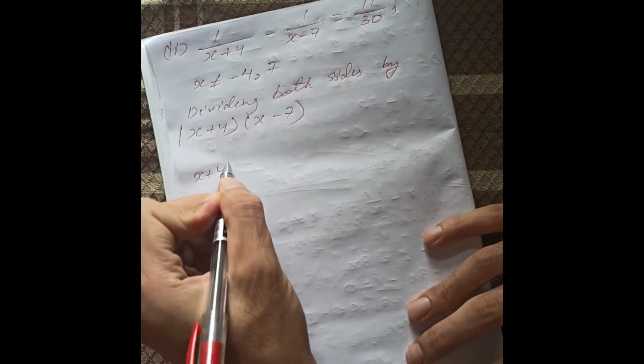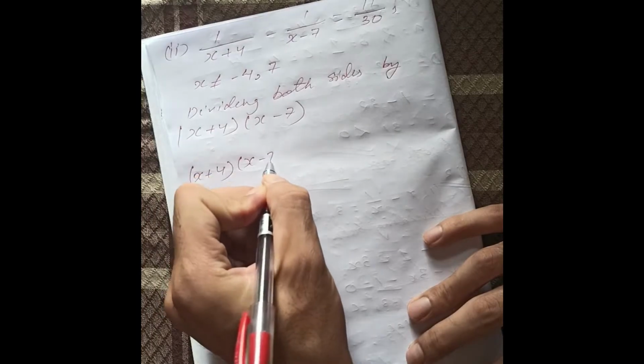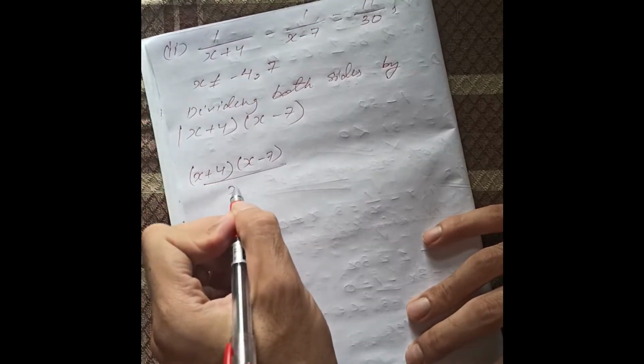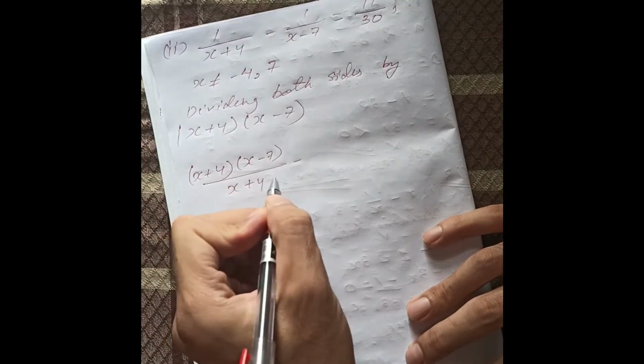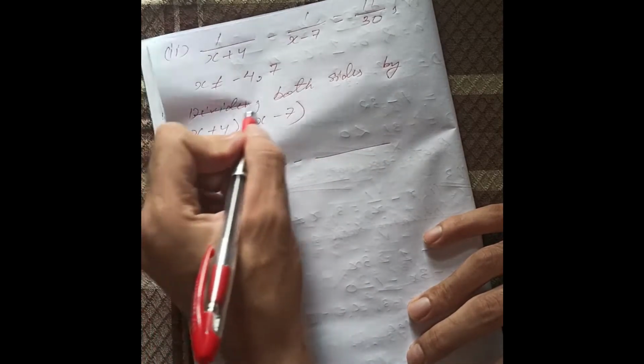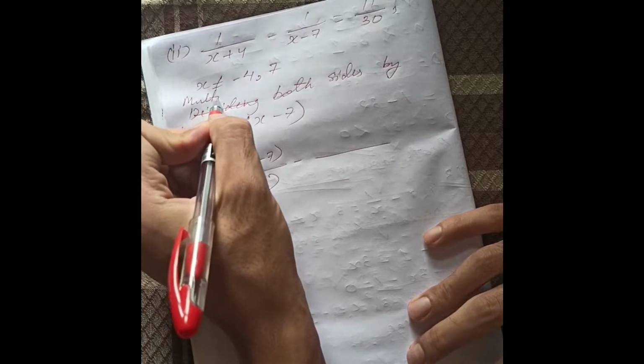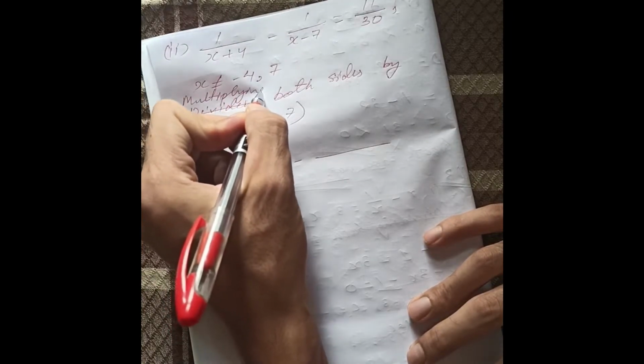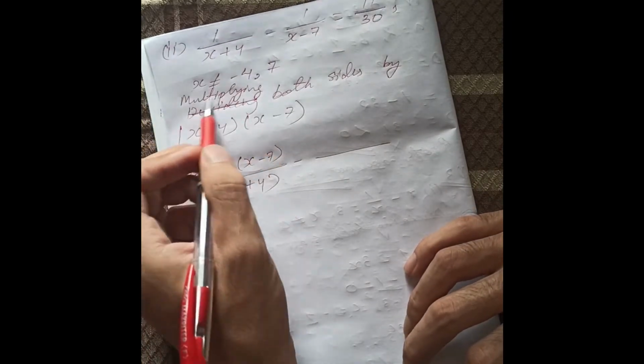So if we divide x plus 4 x minus 7 by x plus 4, we are multiplying, sorry, I made a mistake. It is multiplying, not dividing, multiplying.